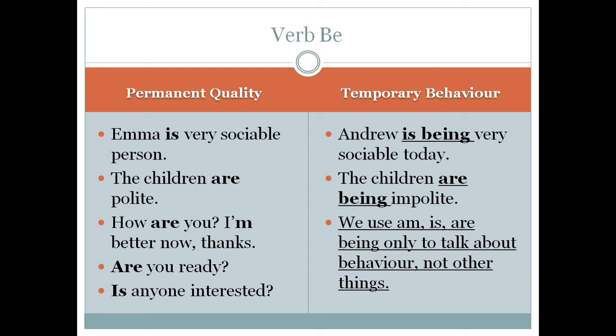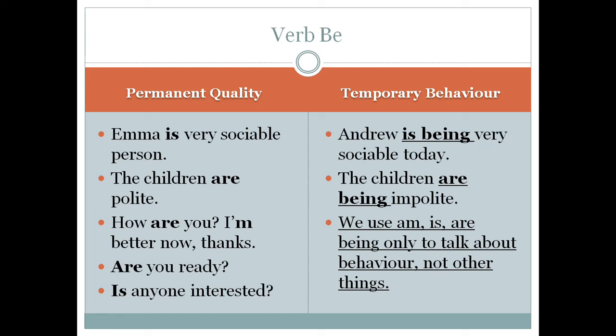How are you? I'm better now, thanks. We use am, is, are, being only to talk about behavior, not other things. When we talk about behavior, we use I am being, he is being, they are being.